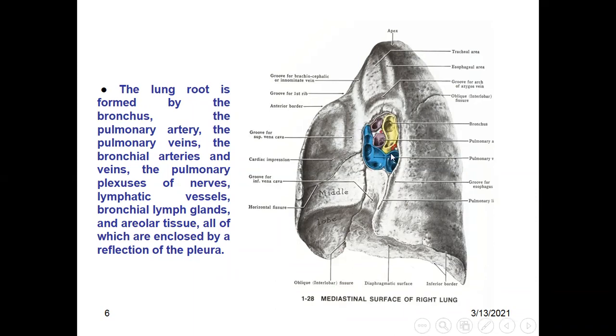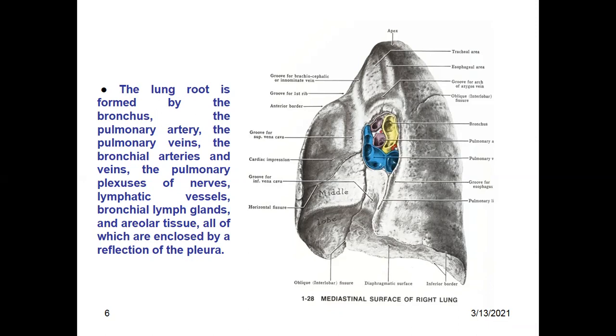The lung root is formed by the bronchus, the pulmonary artery, the pulmonary veins, superior and inferior pulmonary veins, the bronchial arteries, the pulmonary plexuses of nerves, lymphatic vessels, bronchial lymph glands, and areolar tissue. All of these structures are enclosed by a reflection of the pleura.